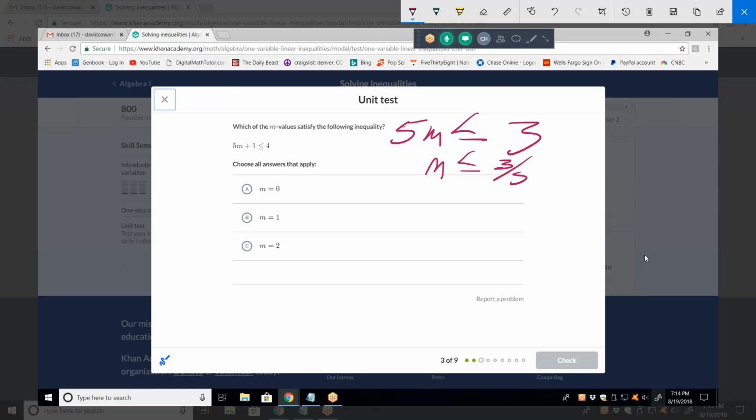Now, does A satisfy that? A is equal to 0. Does that satisfy m is less than 3/5? Oh, it does, actually. Does B satisfy? No. Does C satisfy? No. So A is the only one.